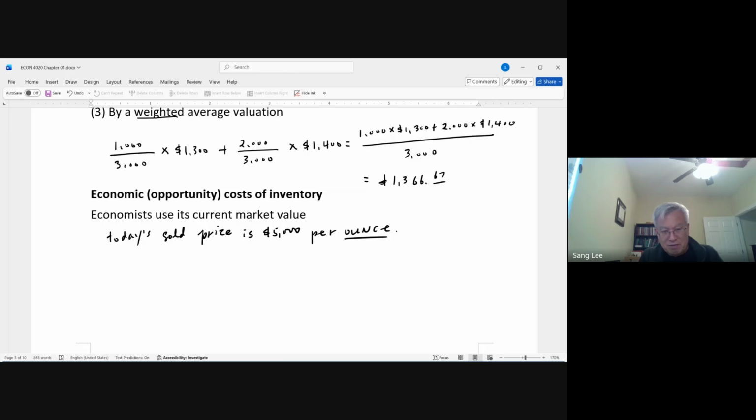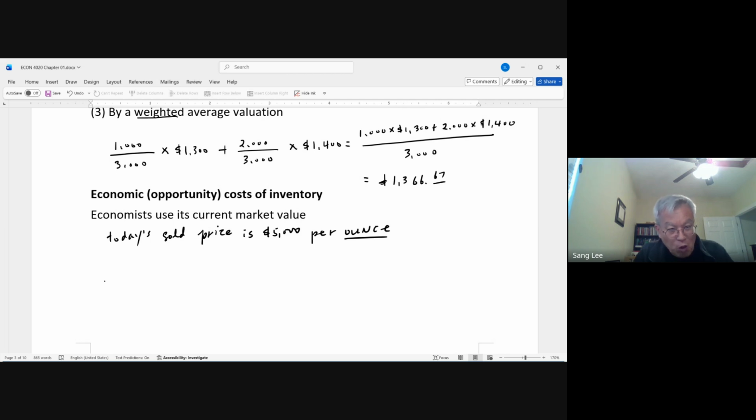Not really. So how do you figure out the true cost of the gold you are about to use? Let me use this example. You are planning to use some gold to produce gold rings and necklaces today. But unfortunately, last night, robbers broke into your store and stole all your gold inventory.